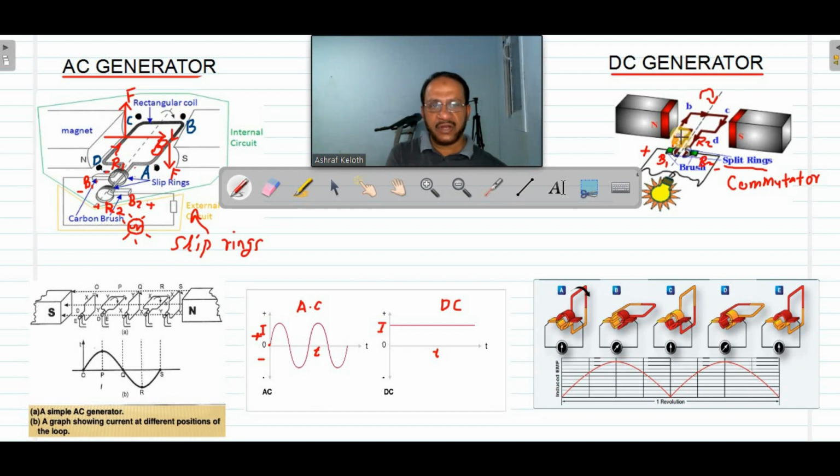After the first half rotation, when CD starts moving upward, the current will flow from D to C. But by that time ring R2 will reach this point. So the direction is reversed two times. When the direction reverses two times, it will become straight, isn't it?